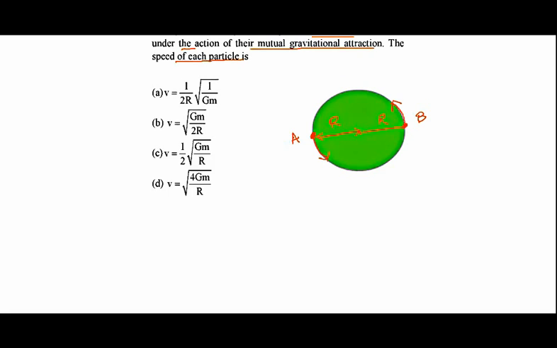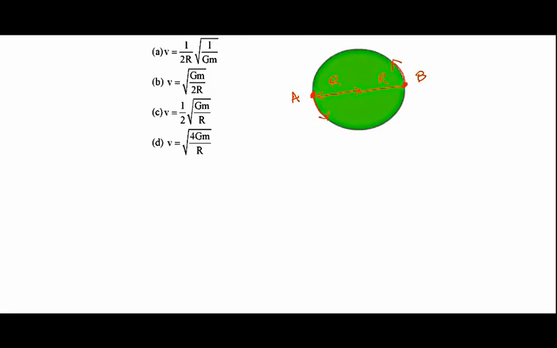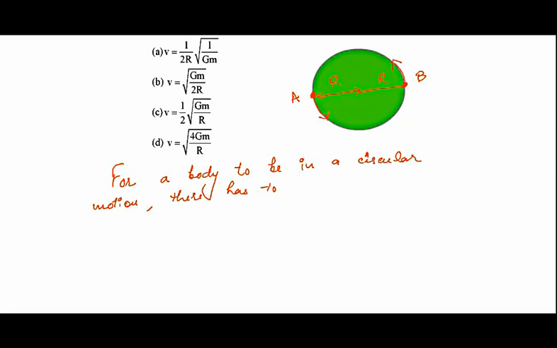Is it fine? Now we know that for a body to be in a circular motion, let me write it down for your reminder, for a body to be in a circular motion, there compulsorily has to be a centripetal force.